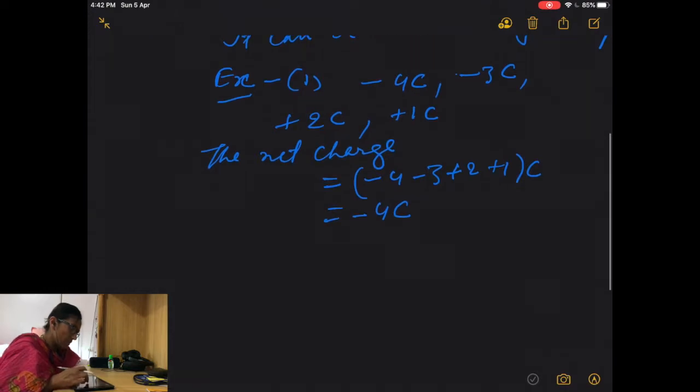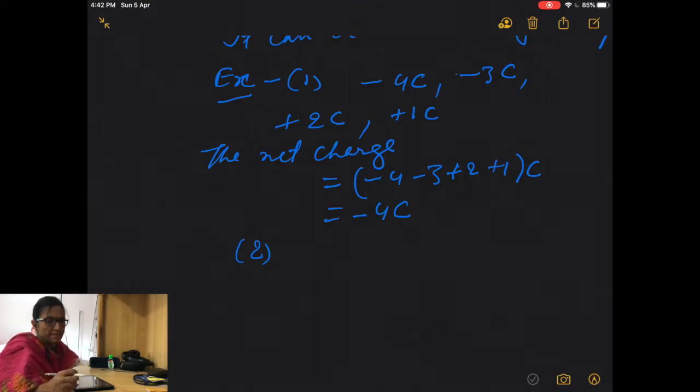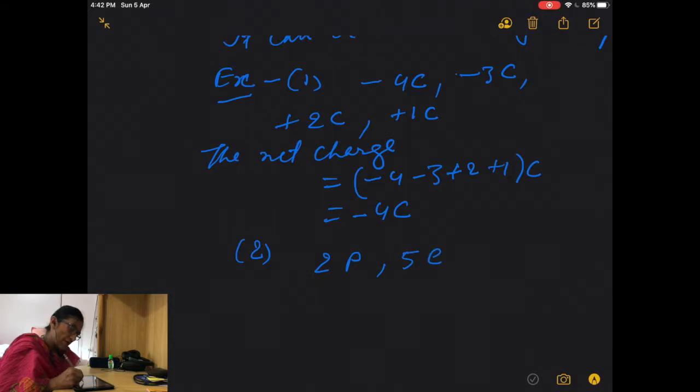Now let me take another example. Suppose you have a collection of some protons and some electrons on a body. Let me take a few examples, like 2 protons, 5 electrons, then 4 protons, 3 protons, and then 9 electrons.